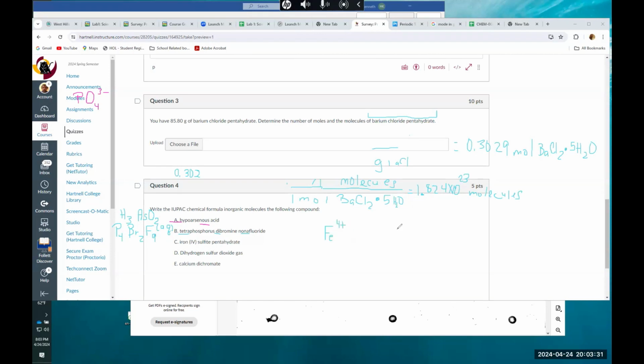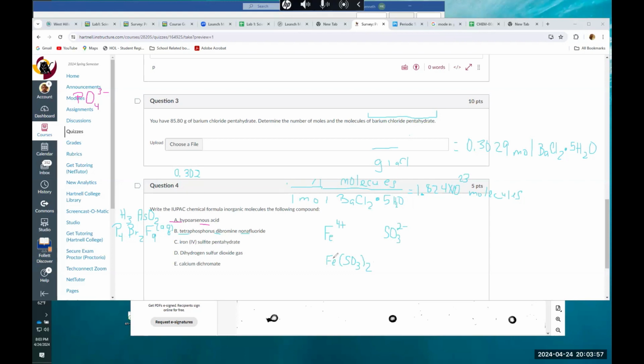And then sulfite: SO3 with a -2 charge. So we're going to need parentheses. How many? Only 2. Fe(SO3)2.